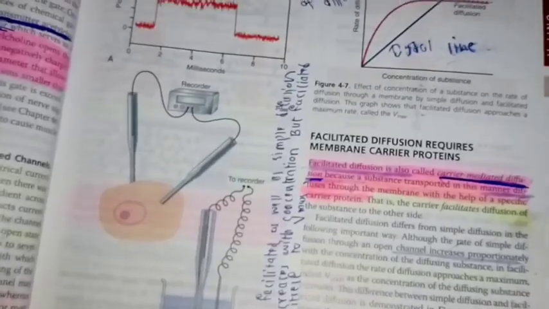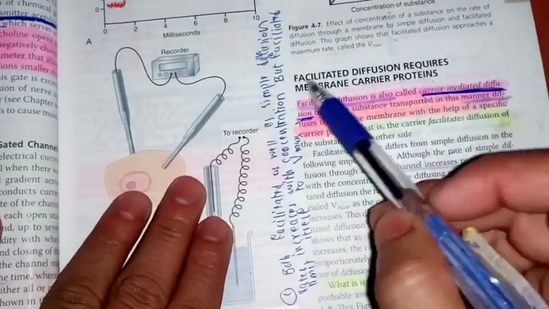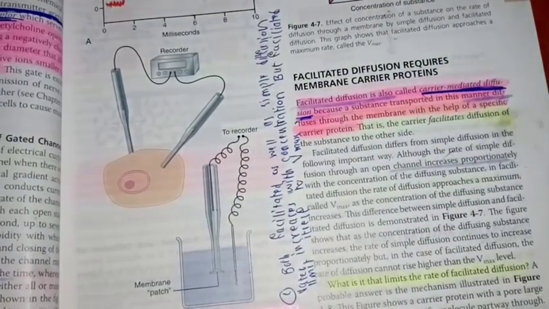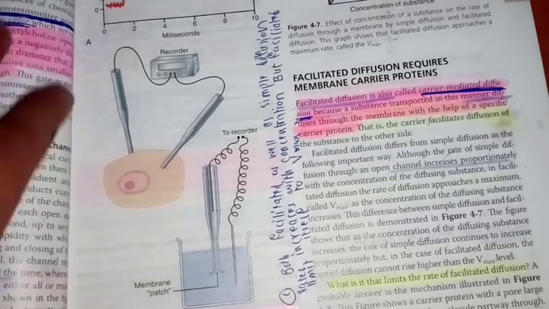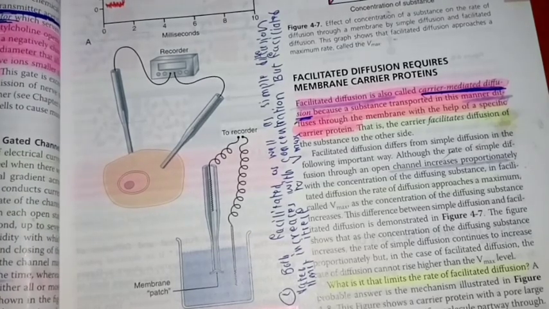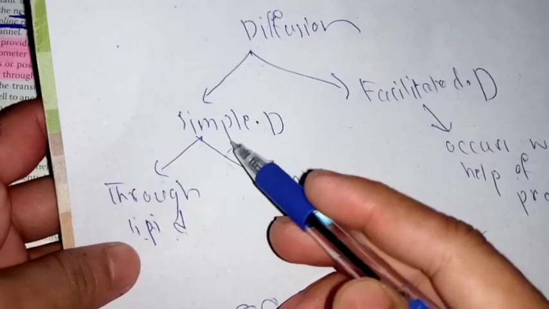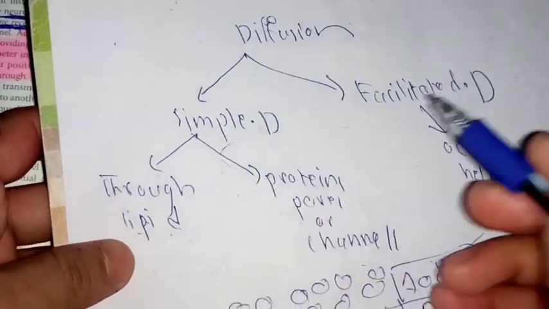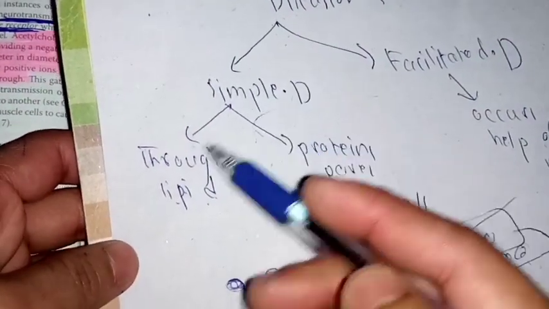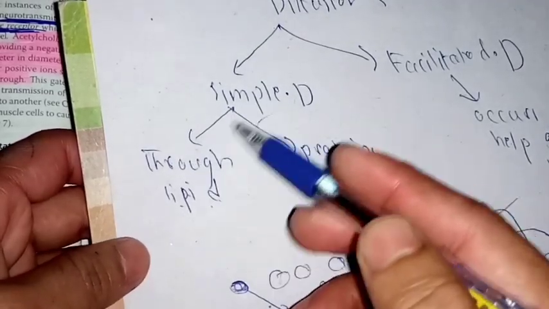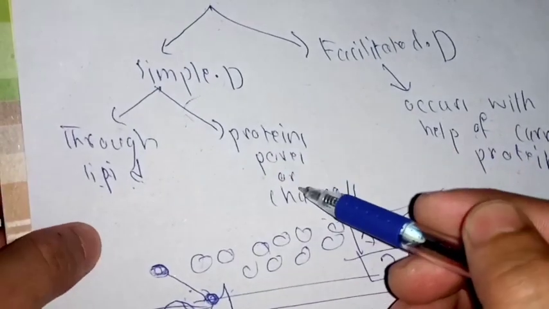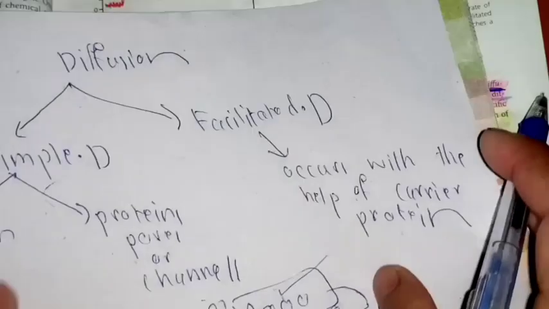Now, facilitated diffusion requires a membrane carrier protein. We have simple diffusion and facilitated diffusion. Simple diffusion, as we discussed at the start of this chapter, may occur through the lipid bilayer or through protein pores or channels.